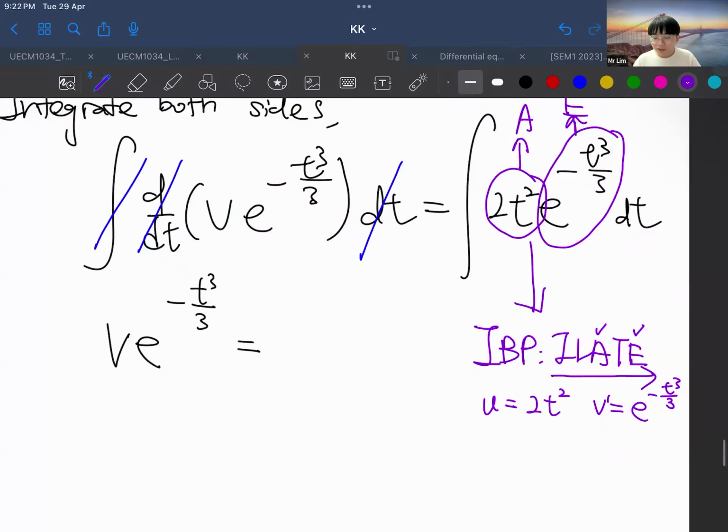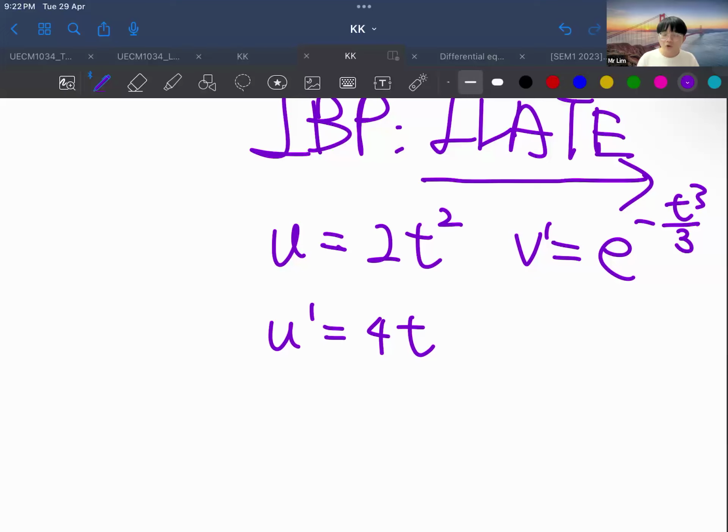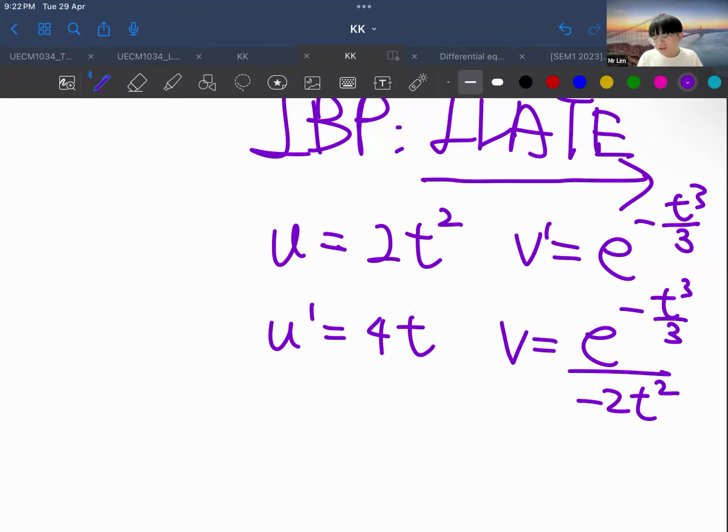Let's say this is the case. Would you find any difficulty? For differentiation, definitely no problem. You know how to differentiate. But for the integration, do you know how to do it? If you're going to tell me the answer is like this over negative 2t², wrong. Do you know why?